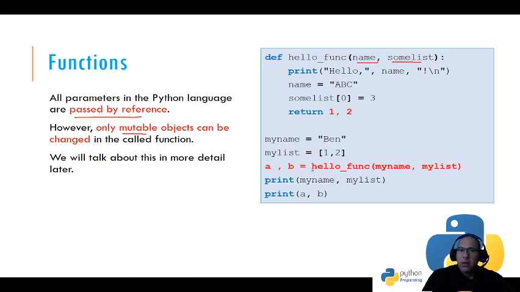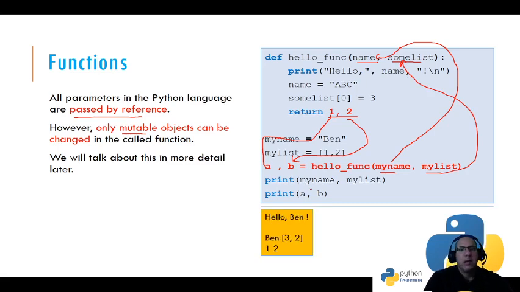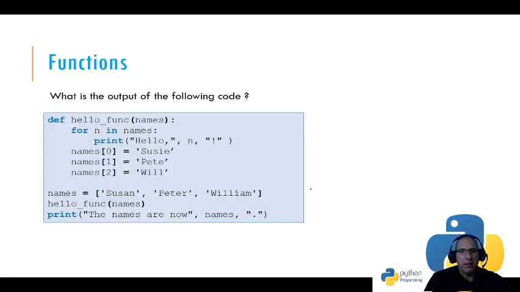Okay, you will notice here that this function returns two values, so the one will be assigned to A and the two will be assigned to B, and I give it my name and my list. The first parameter will go here, and the second parameter will go here. Execute the function and return. And the result will be just like this.